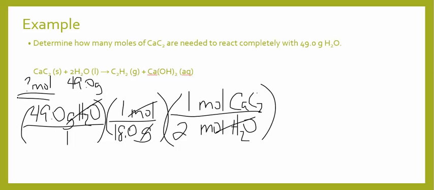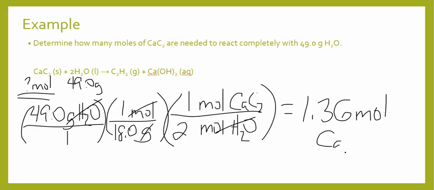I don't need to add another step. So 49 divided by 18 divided by 2. The moles of calcium carbide, 1.36 moles of CaC2.